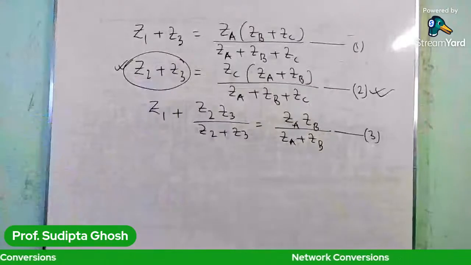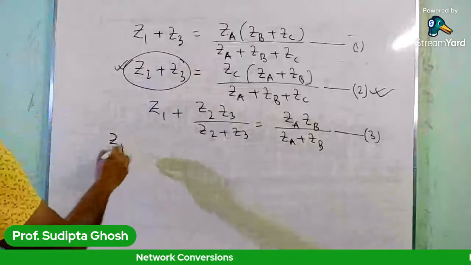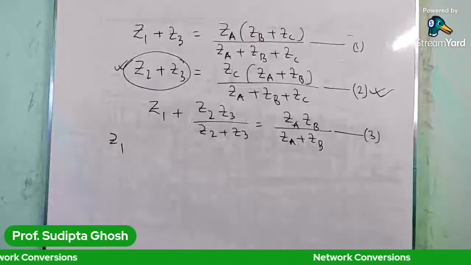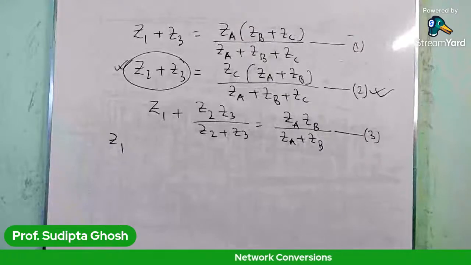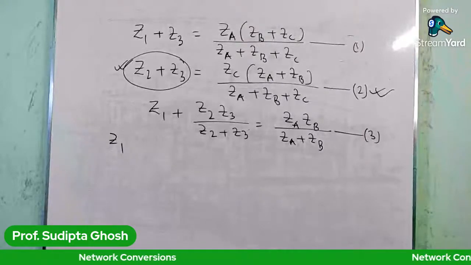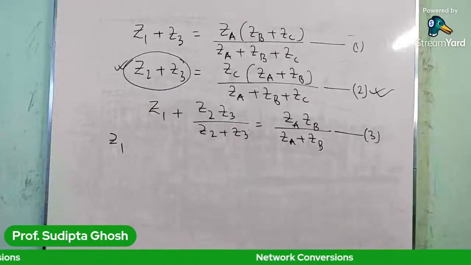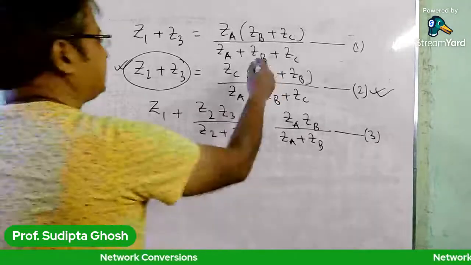So we have Z1, and now we are going to substitute ZA plus ZB.